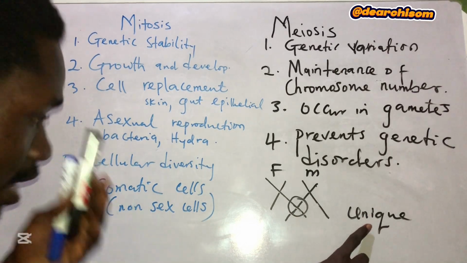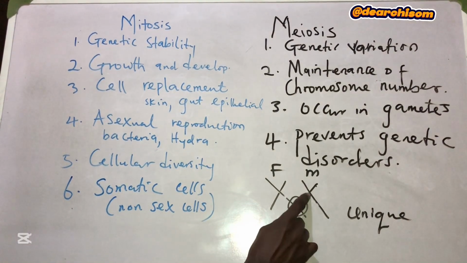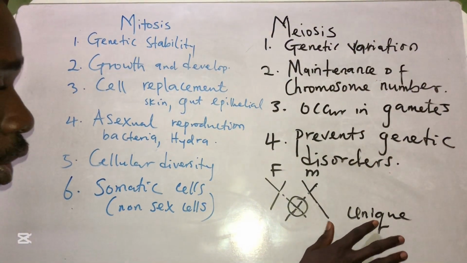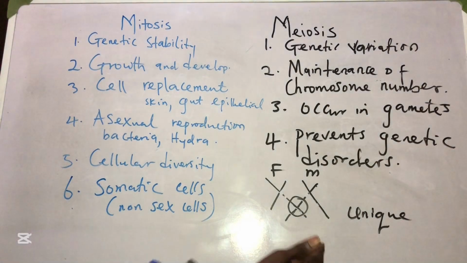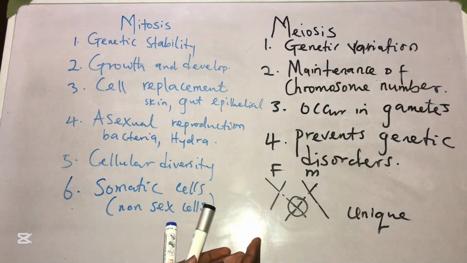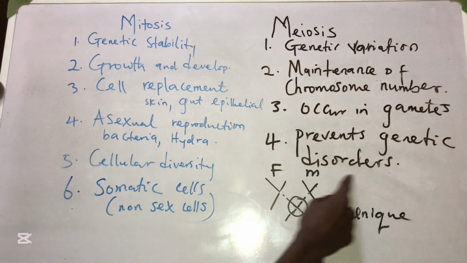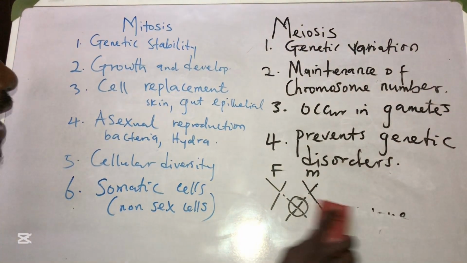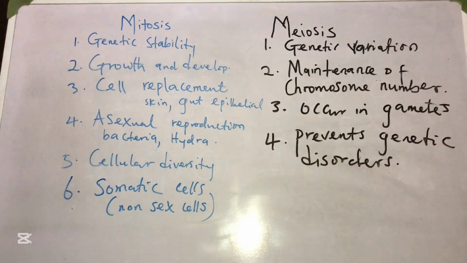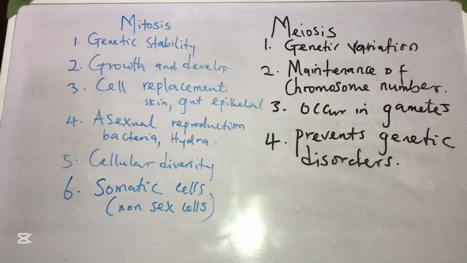Because this new organism is a product of these parents, and because of this crossing over that brings about the unique combination of genes, the likelihood of this new offspring having this genetic disorder will be minimal. So meiosis gives room for prevention of genetic disorders because the offspring will be unique, having a unique combination of genes due to crossing over during meiosis, that is in prophase.